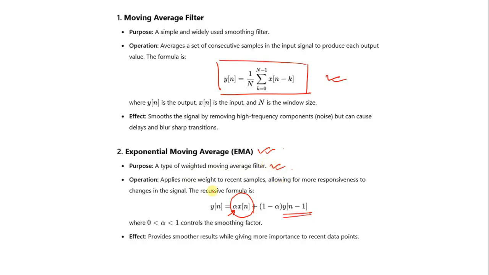It applies more weight to recent samples, allowing for more responsiveness to changes in the signal. The recursive formula is given by this equation, and alpha usually varies from 0 to 1, and it controls the smoothing of the signal component. It provides smoother results while giving more importance to the recent data points.